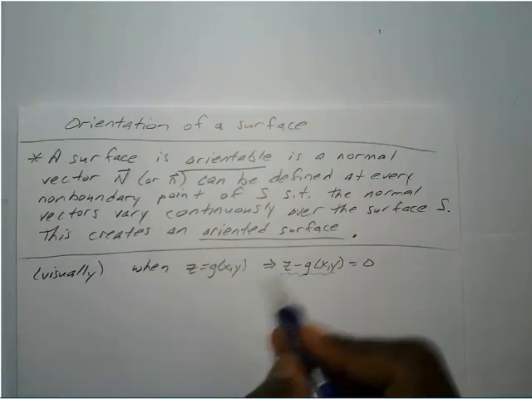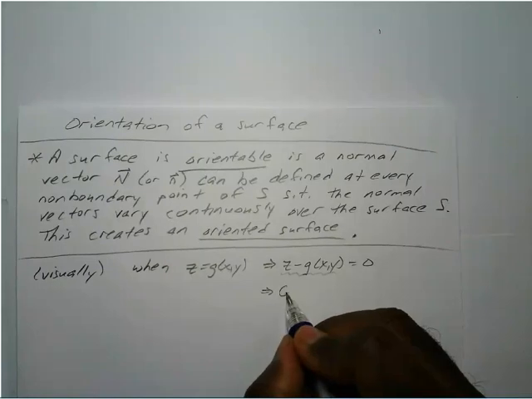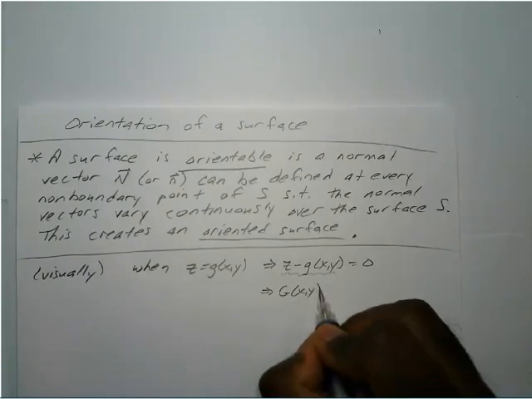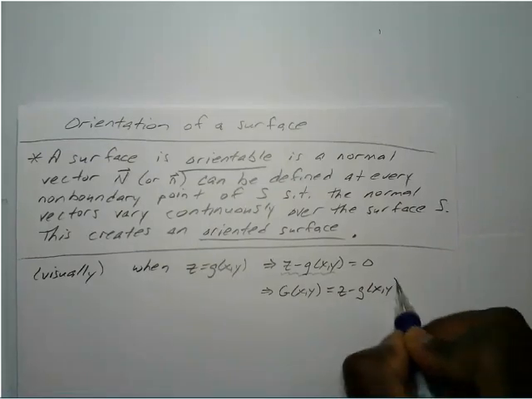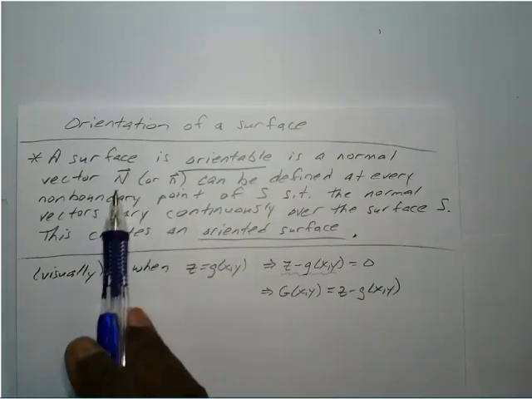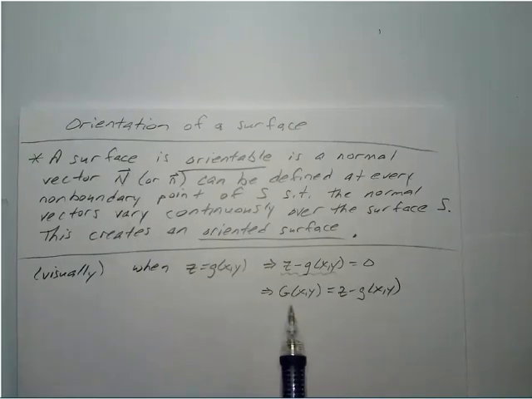Okay, so this, we will actually give that its own definition, which is an uppercase G of x, y. Okay, so that's why I use the uppercase normal vector for our uppercase G of x, y.